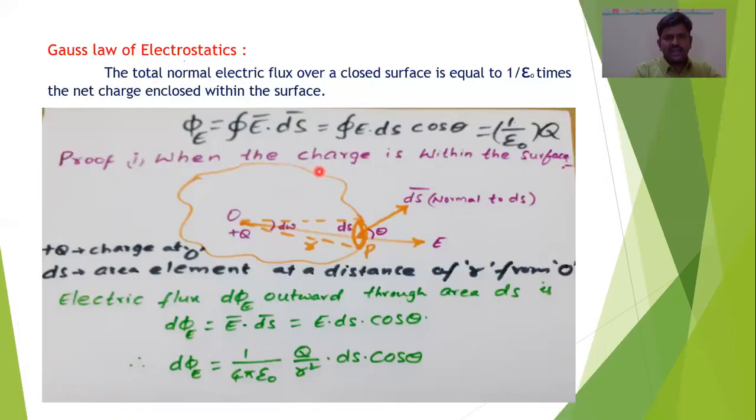For that, this ds element at point P is at a distance of r from point O, and every time electric field intensity acts radially outwards. So this is the electric field direction from Q. It is radially outwards.